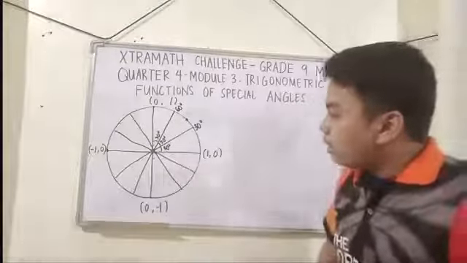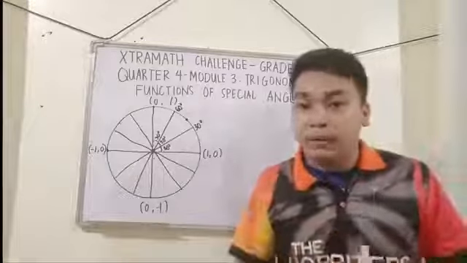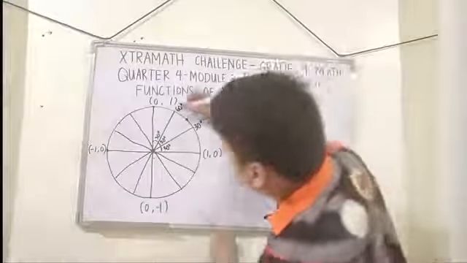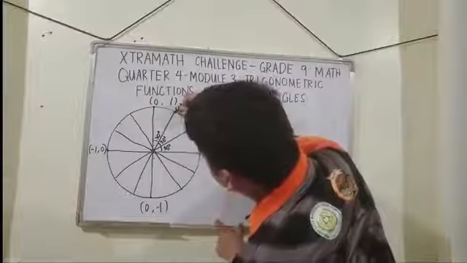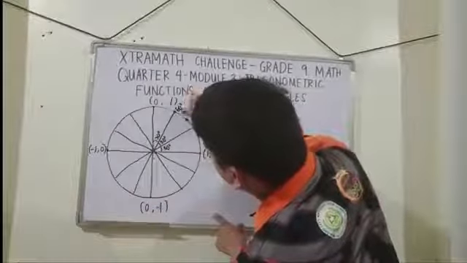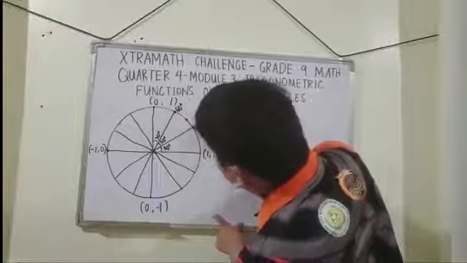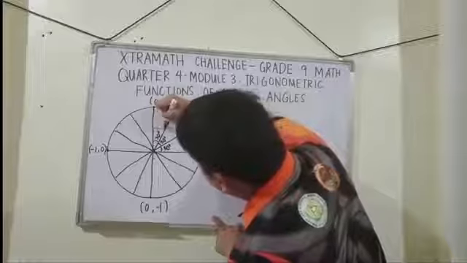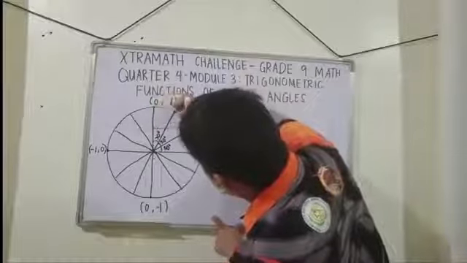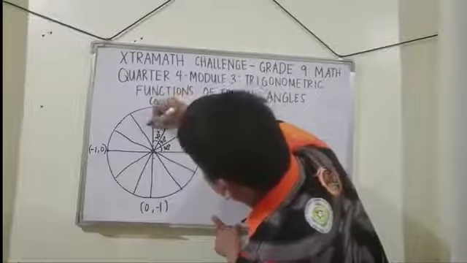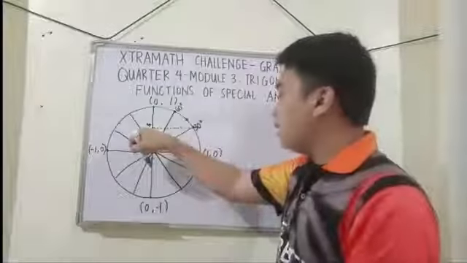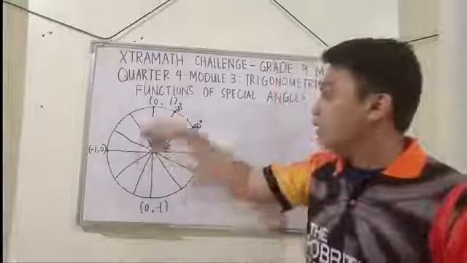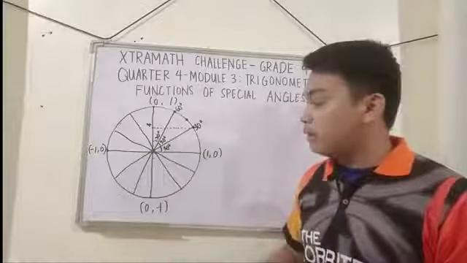Now, if we are going to use a protractor, the y coordinate of this point lies exactly at 1/2. So it lies exactly at 1/2 of the y-axis, or 1/2 of the radius of this unit circle.